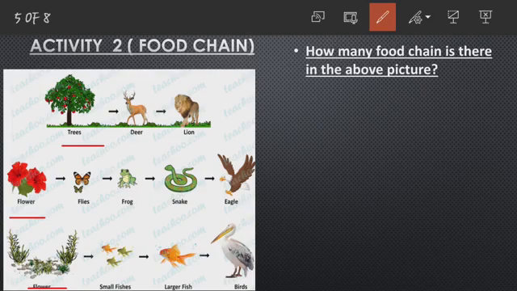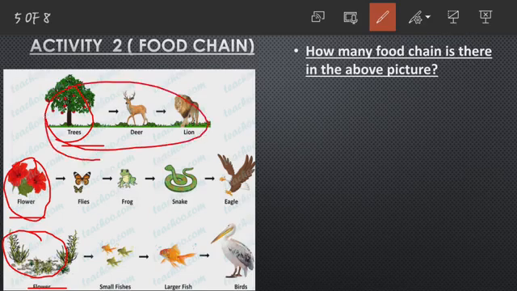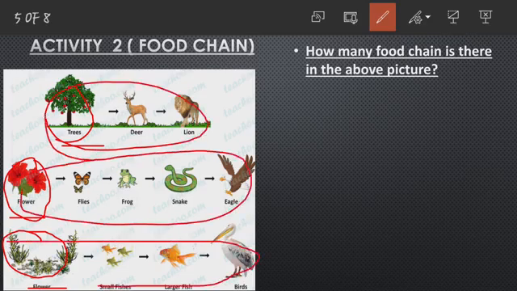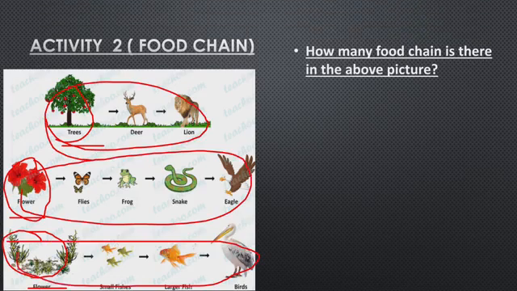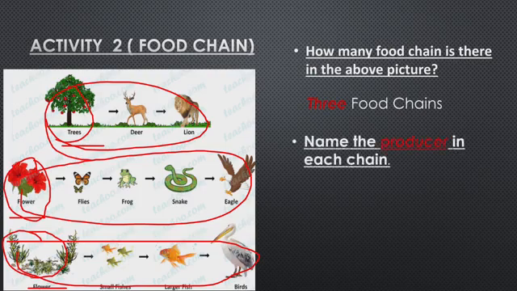So the food chain starts with the tree, the flower, and the flower here. This is the first food chain, second food chain, and the third food chain. So, 3 food chains. Excellent.